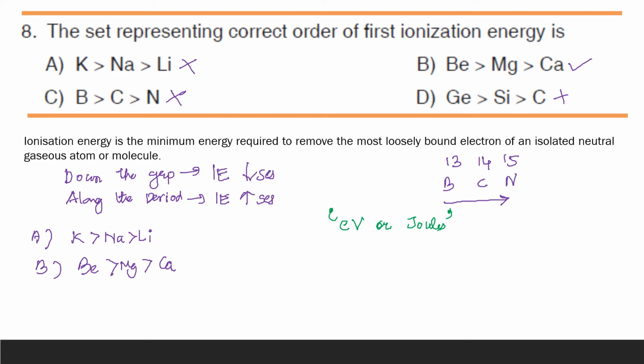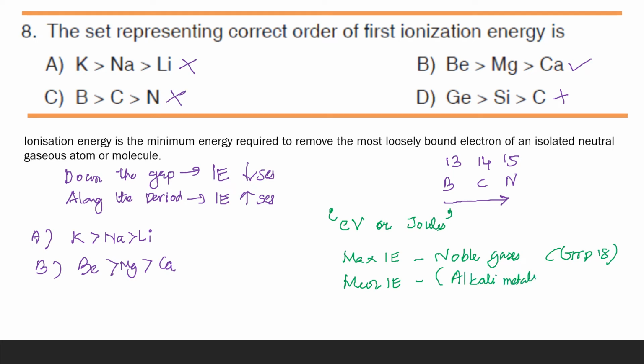Another point is that when you look at the periodic table, the ones having maximum ionization energy are the noble gases, that is group 18 elements. And the ones having minimum ionization energy are alkali metals, or group 1 elements.